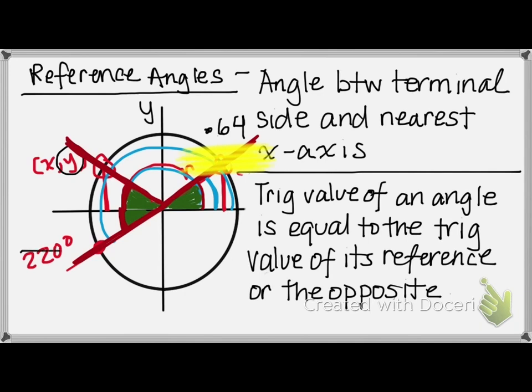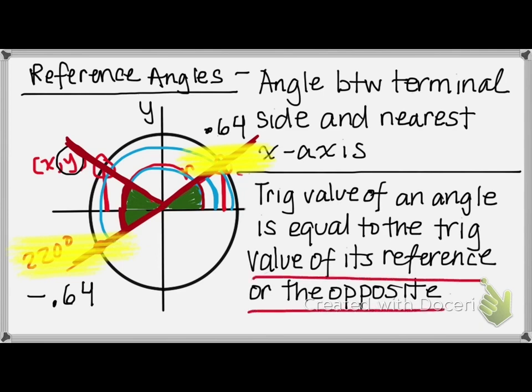And then this angle down here, the 220-degree angle, also has a reference angle of 40 degrees. And its sine value, you might recall, was negative 0.64. So that's where this idea comes from: the value of its reference angle or the opposite. So it might be the opposite sign, depending upon its location on the graph.